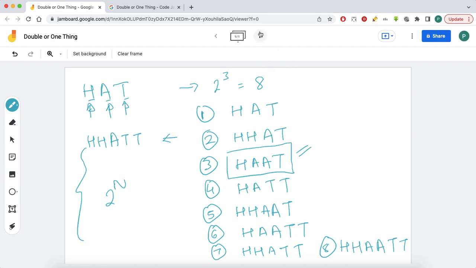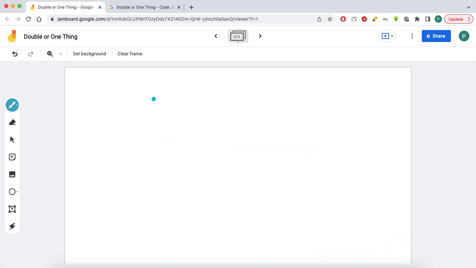So let's see the brute force approach for this. We have a string of length n. In the first step, we generate all the possible strings, that is 2 to the power n possible strings, and in the second step, we return the string which is lexicographically smallest.